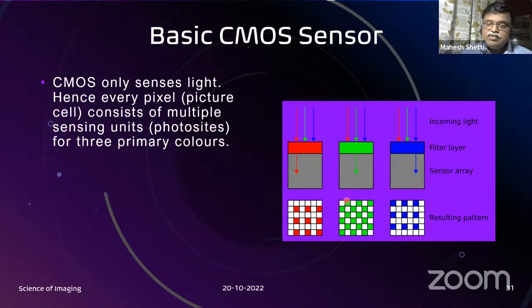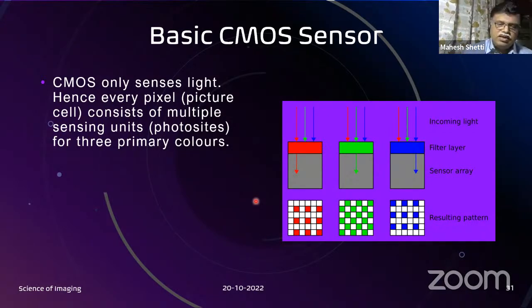Now, why is green more? Because our eyes perceive more green. The green our eyes perceive as brighter, and therefore this is a very nicely simple design of how a pixel is designed in camera sensors, because a camera sensor, CMOS, really doesn't see color.